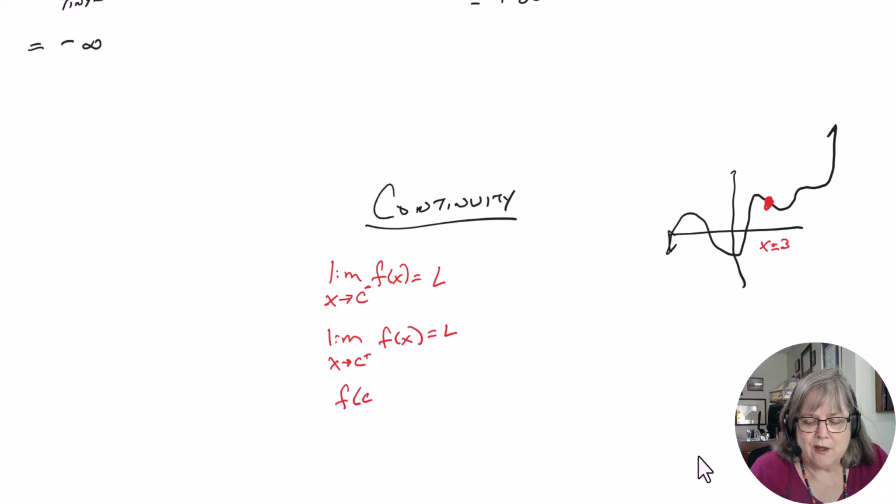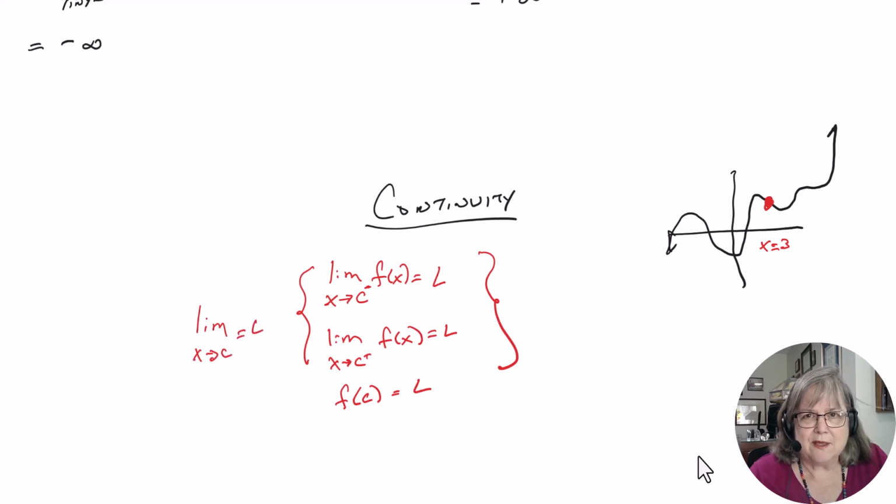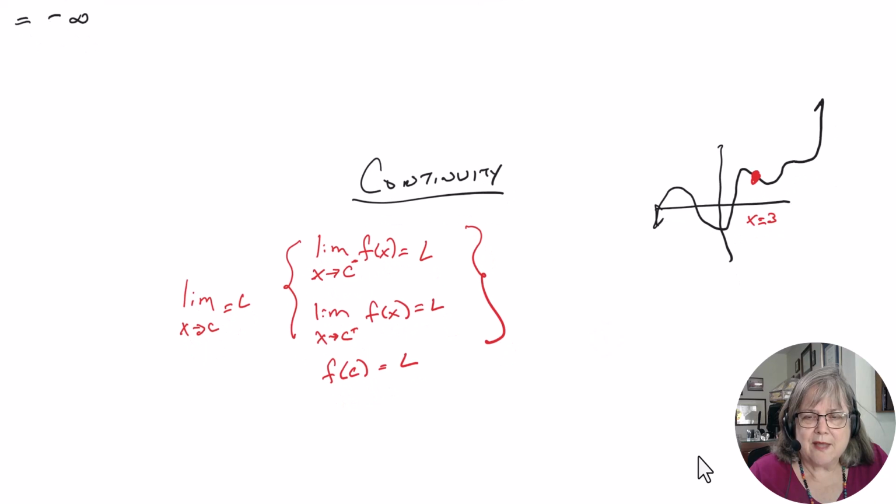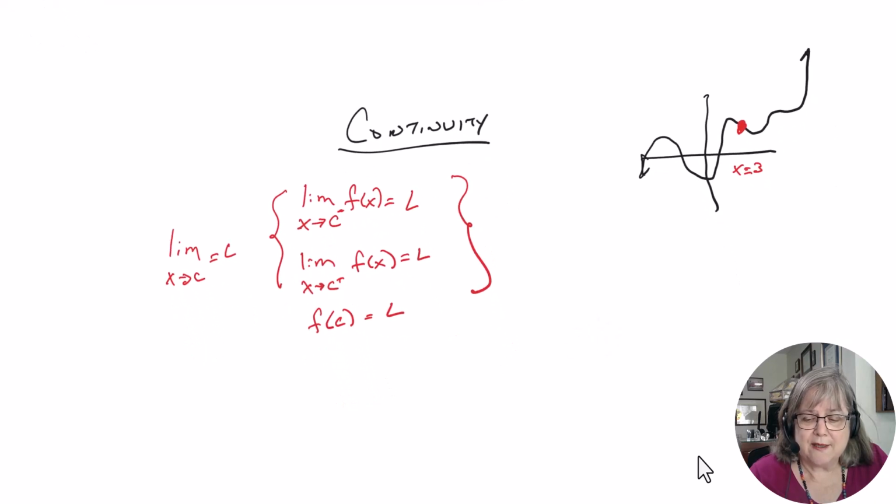And then the function evaluated at that number has to be the same number. So these 3 things have to be true. They all 3 have to be equal to the same. Sometimes people will combine these and say the limit from both sides needs to be L, but usually it's 3, right? All of these have to be true in order for you to say it's continuous.